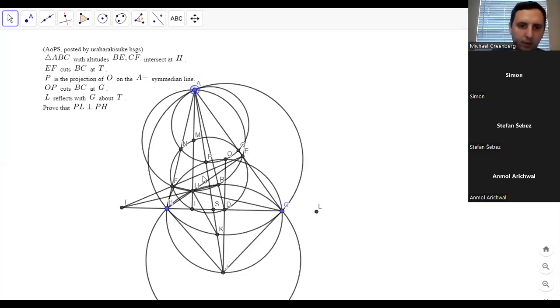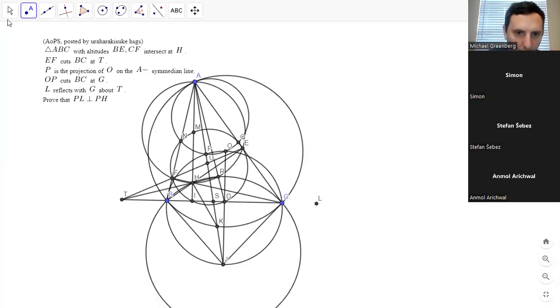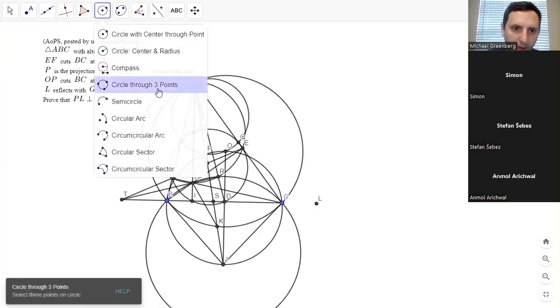So if we took the midpoint of EF, which is that intersection point right here, then we know that MU is perpendicular to UT. And we want to show that PM is perpendicular to PT. So we want to show MPUT is cyclic, I think, right?